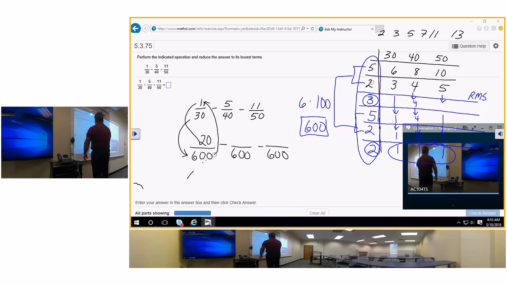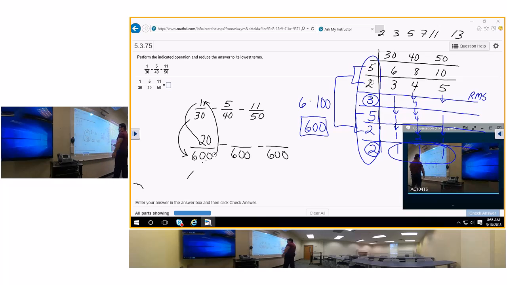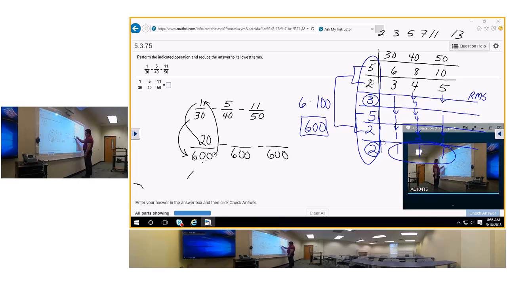How many times will 40 go into 600? We'll go over here and find 40. We know that 2 times 10 is 20. So 20 times 2 is 40. And that leaves 15.